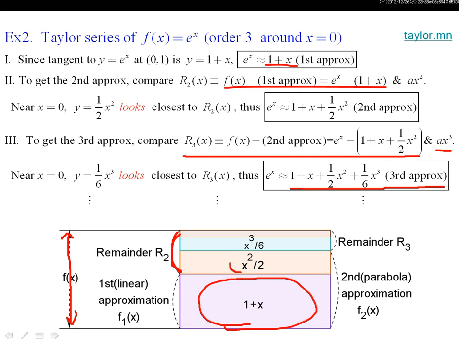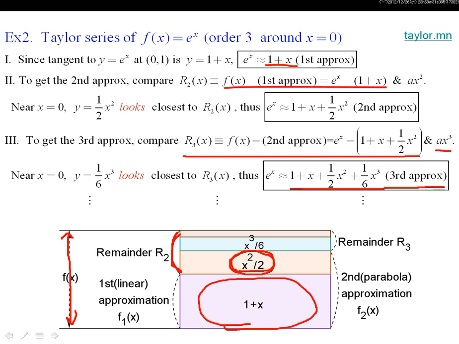And we find that it can be approximated by x squared over 2 by our eyes. And this is the main part of R2.